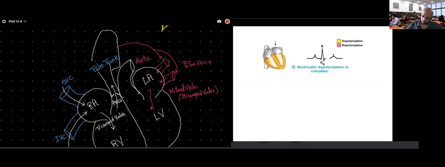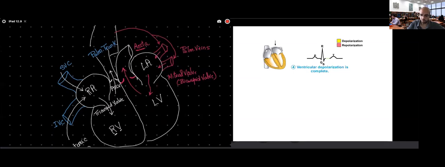Blood will then be pumped from the ventricles. The blood from the left ventricle is going to be pumped out to travel into the aorta to be distributed to the systemic organs, passing through the aortic semilunar valve.